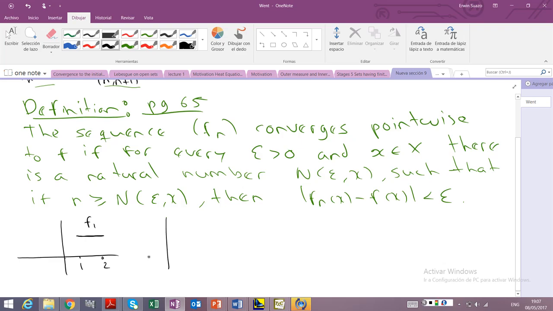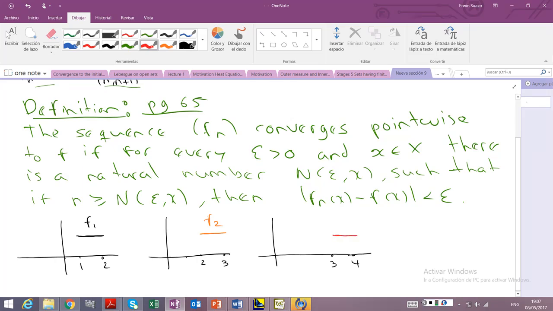Then my next function is this one. This is f_2. My next function is from 3 to 4, and it's this one.